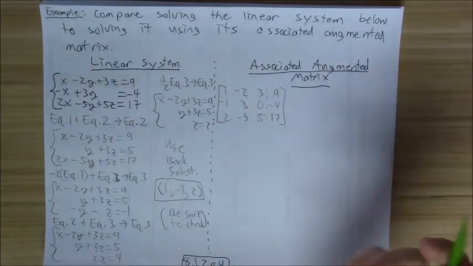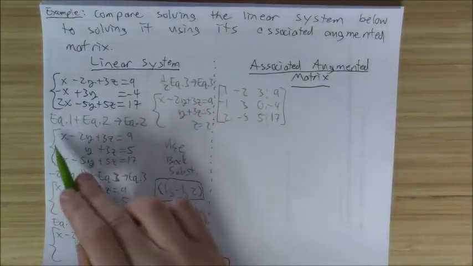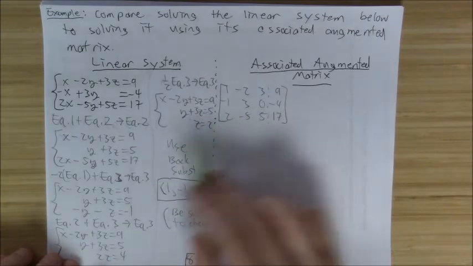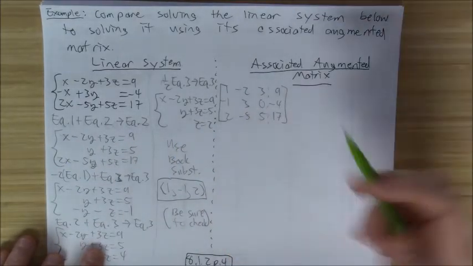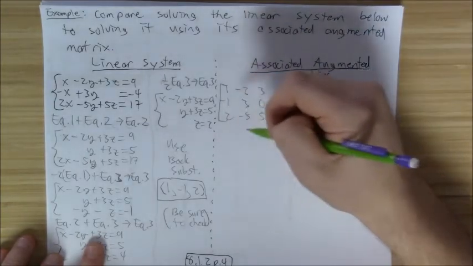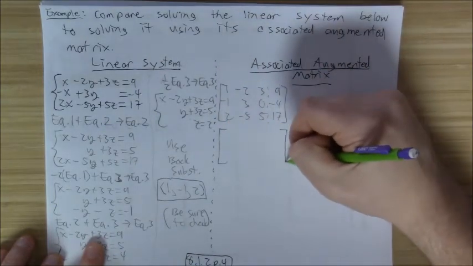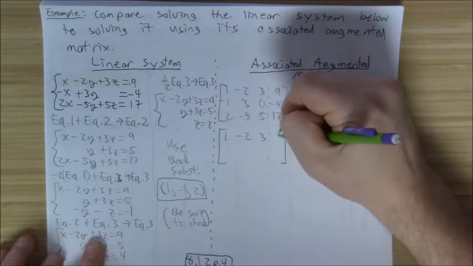And now I'm going to start manipulating the rows. Just as I added equation 1 to equation 2 to get a new equation 2 to eliminate the x there, I want to eliminate the negative 1 and make that a 0. To do so, I'm going to write it the following way. So I'm going to have 1, negative 2, 3, 9.